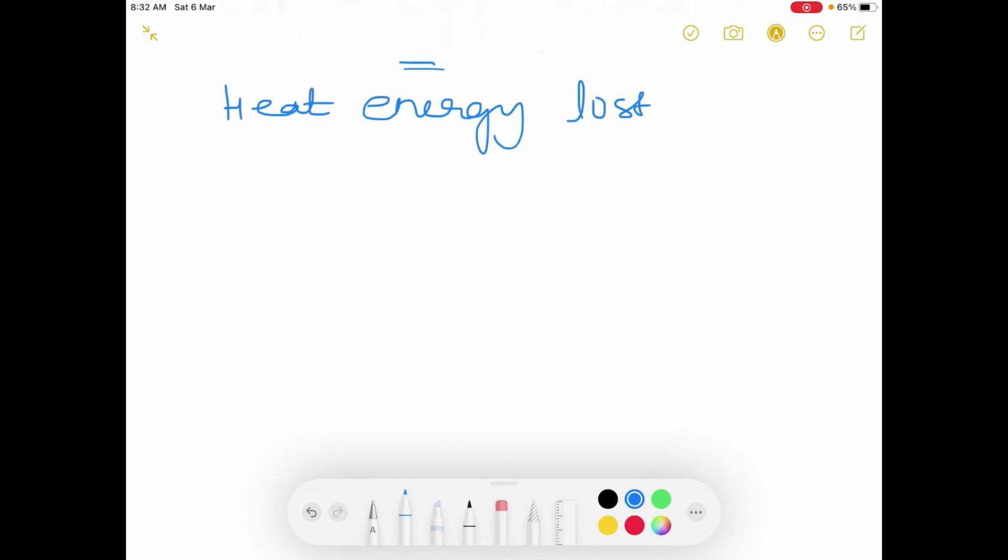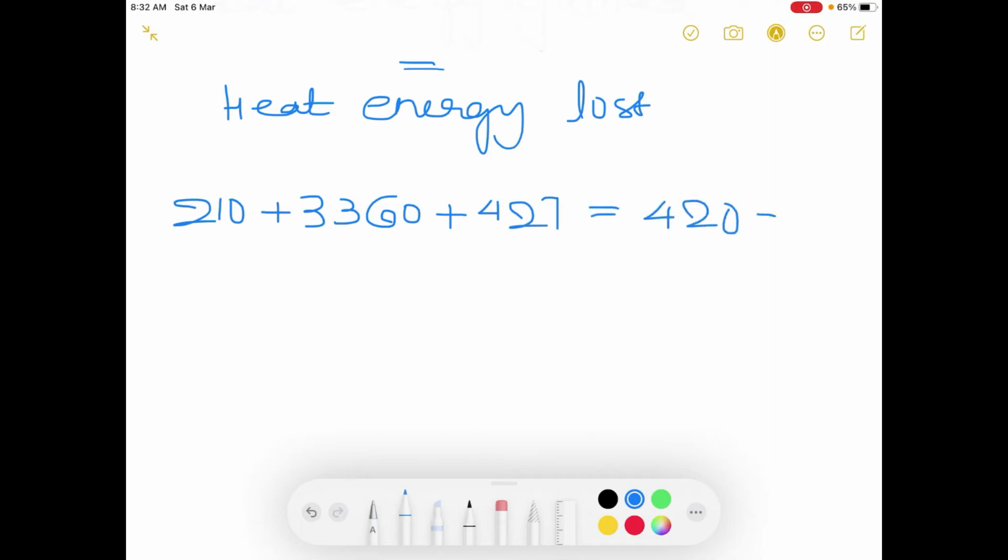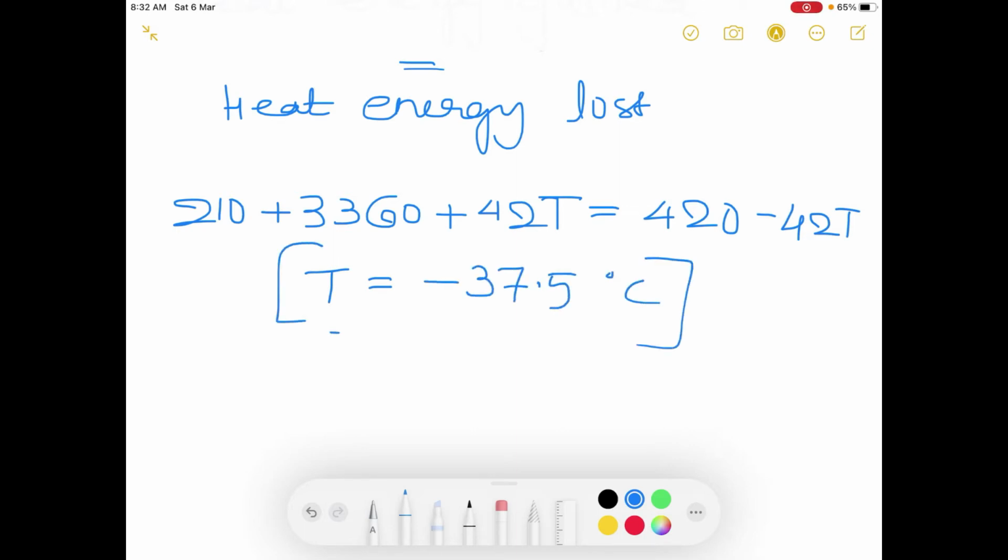Therefore, ઓલા ત્રણેયનું એડિશન કરી નાખીએ આપણે. 210 plus 3360 plus 42T equals to 420 minus 42T. So after calculating all the things, we will get T equals to minus 37.5 degree Celsius.